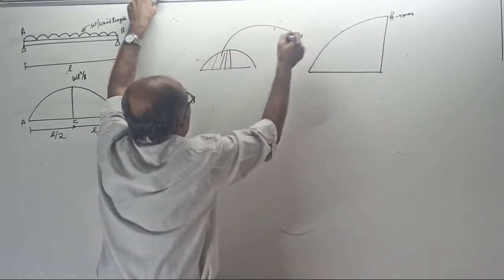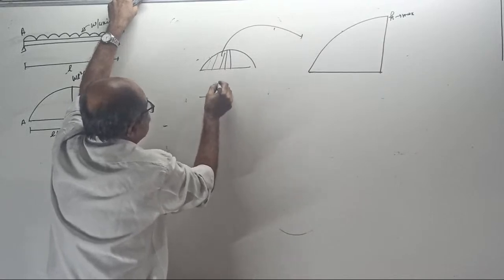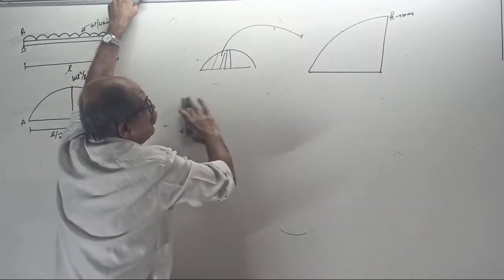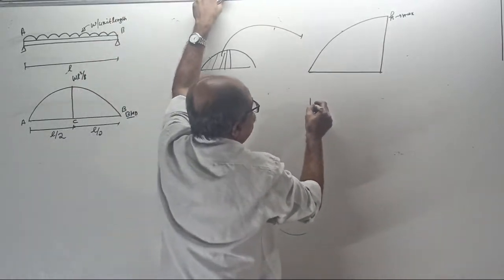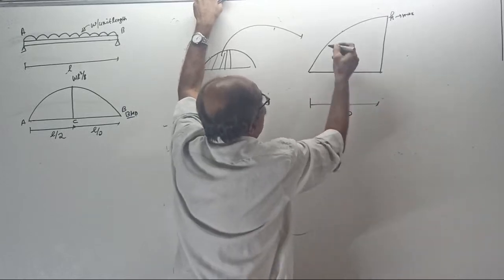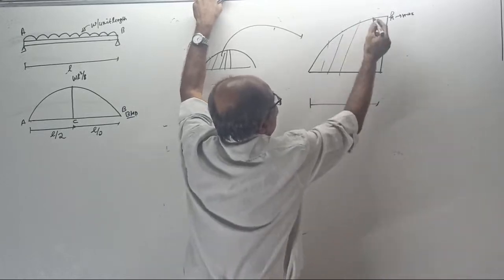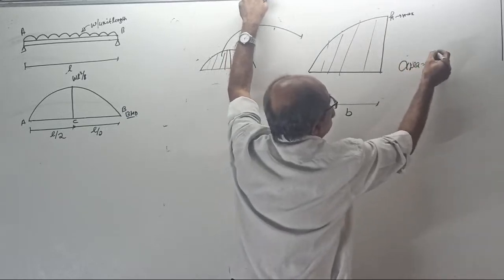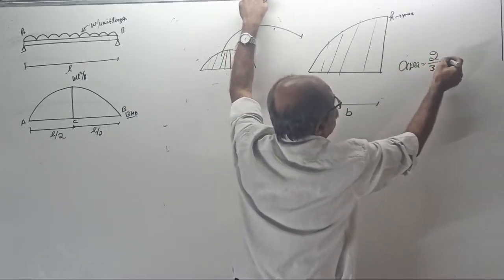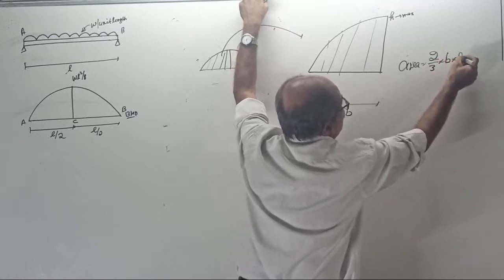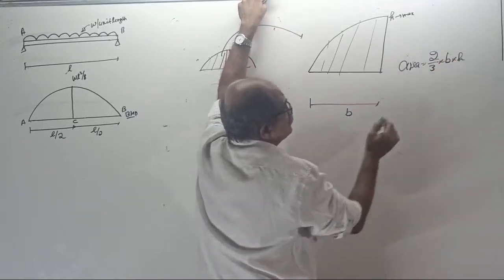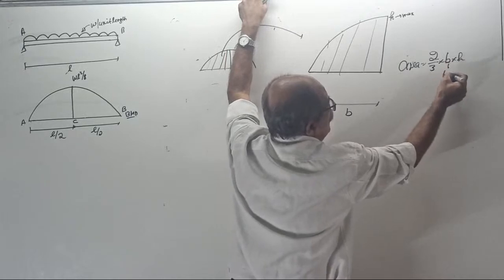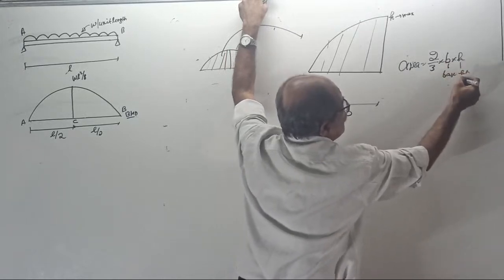Base is B. One thing is sure. See, area equals 2/3 of base into height. 2/3 of B, where B means base, into maximum height. Okay.